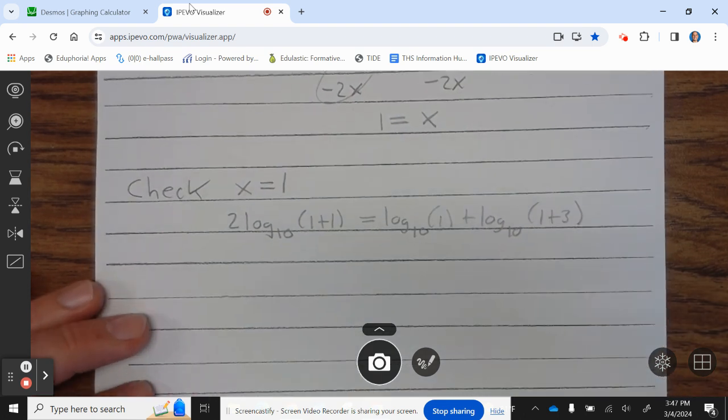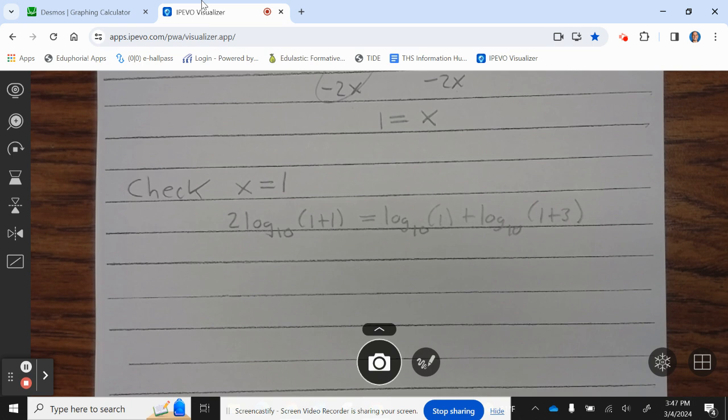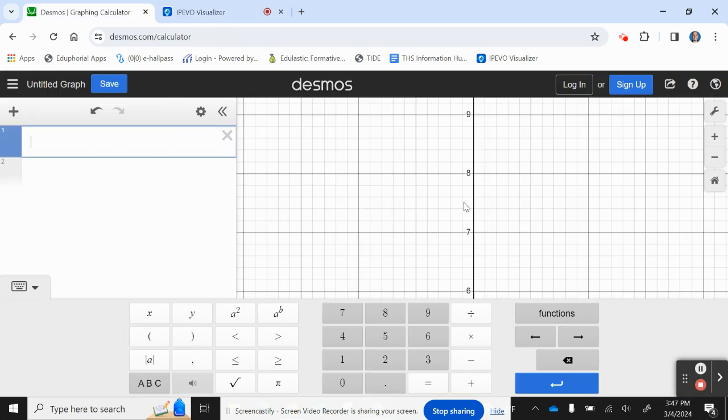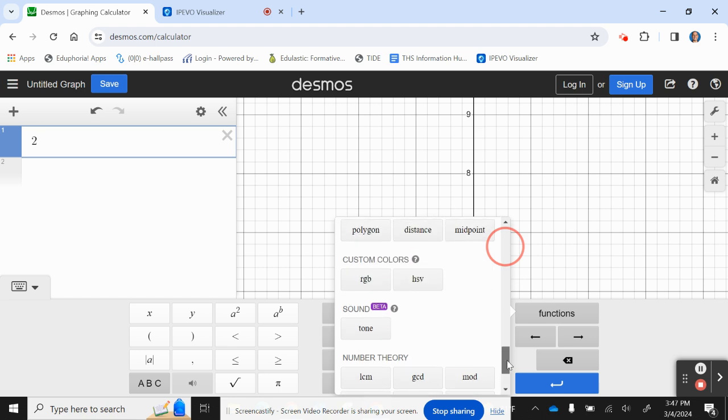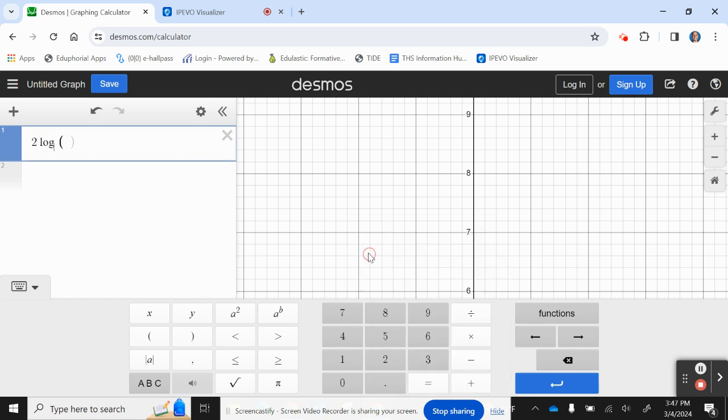All right, let's first check the left side, which let's round to 0.6.